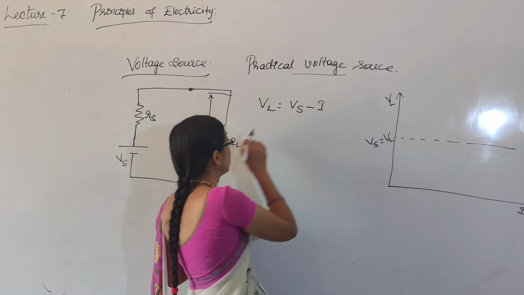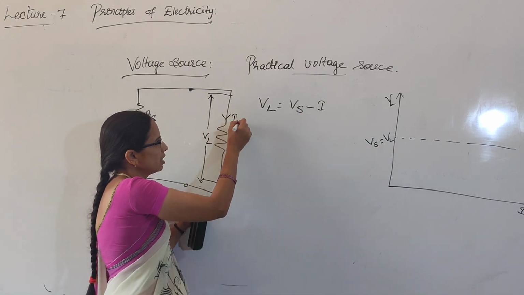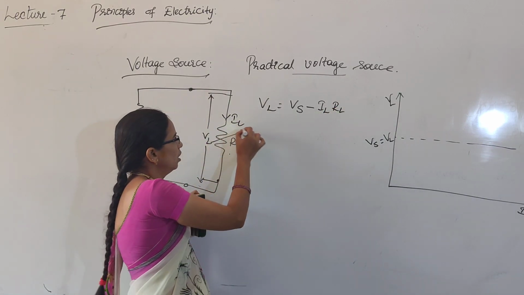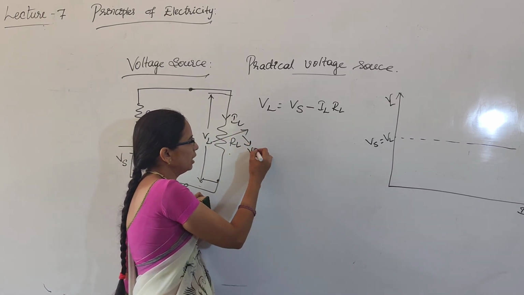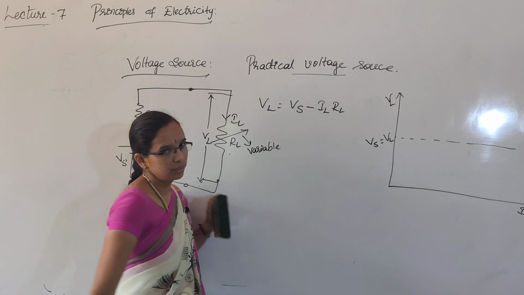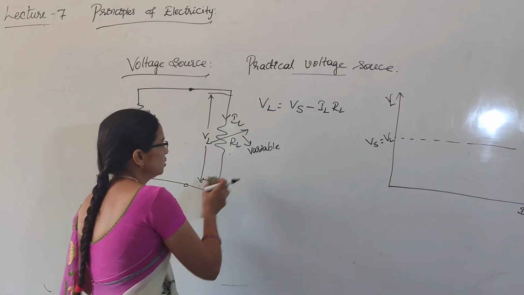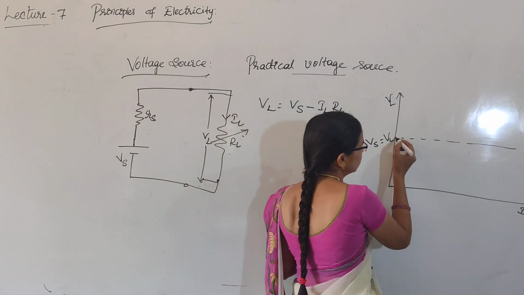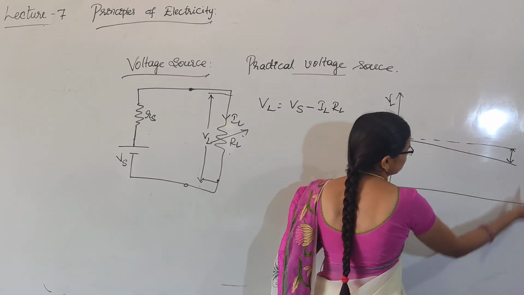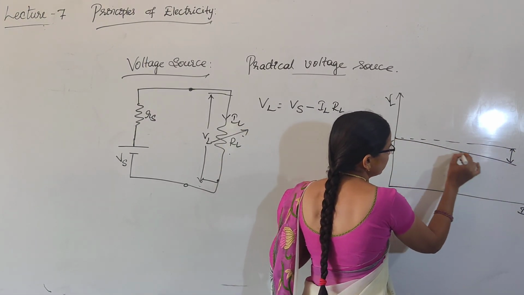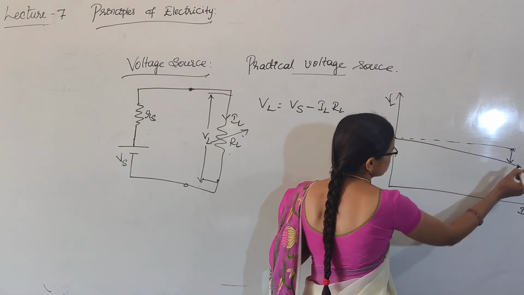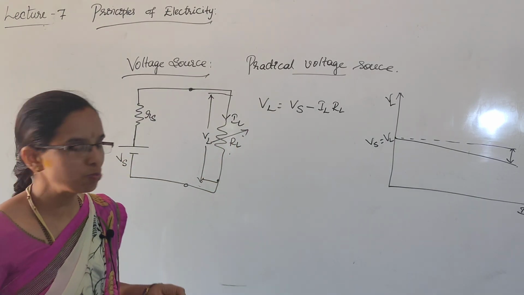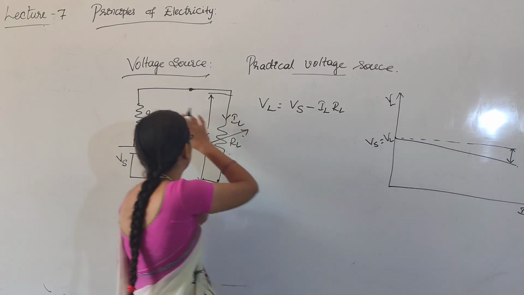So what is the voltage drop across RL? If I consider this current as IL, and this symbol indicates the variable resistor that you will study in further classes. See here what happens, the practical voltage source characteristic will go like this, because some of the voltage also drops across RS.